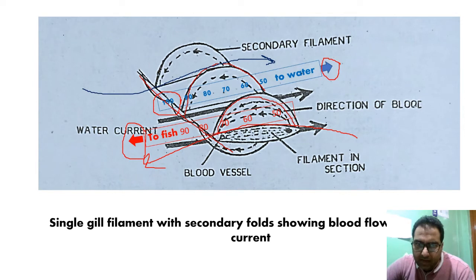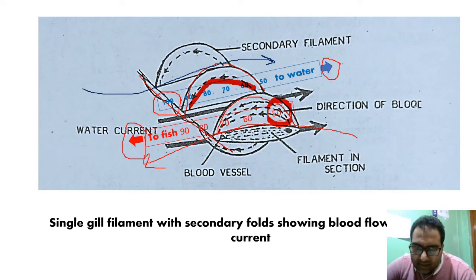The movement of the blood is from this very direction to this very direction. So this is the direction of the water. What is happening here is that the blood which is having less oxygen, for example 50 here, is coming in contact with the water which is 100 here.